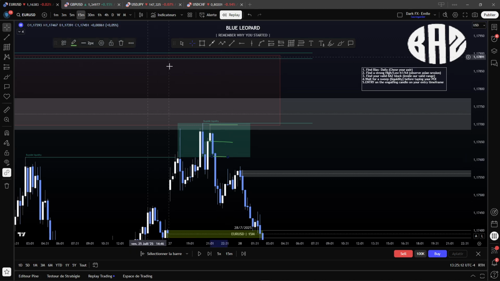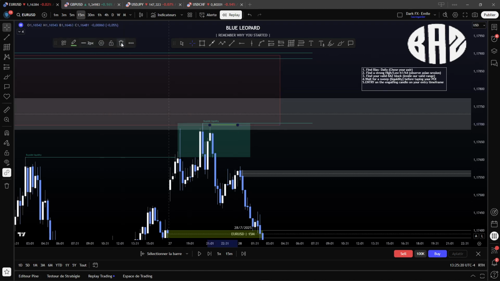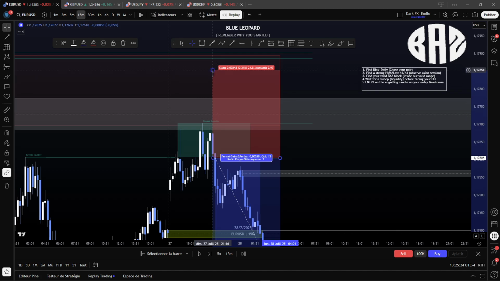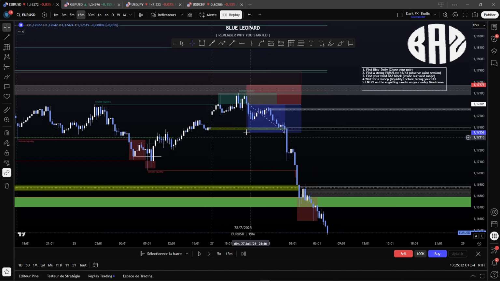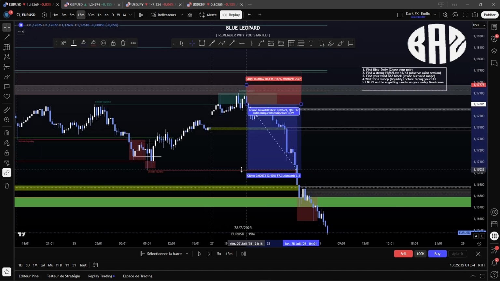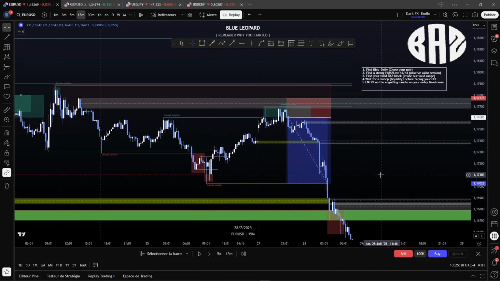After we closed here, price melted down. We protect above our BAZ block. We target 3R, and it will match with another liquidity zone, and that's where we take our profit.